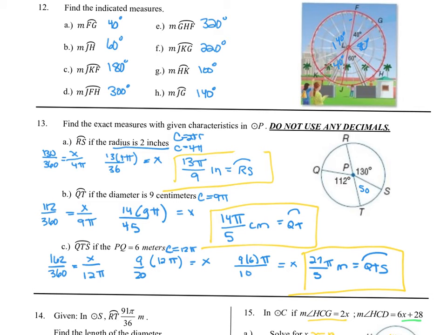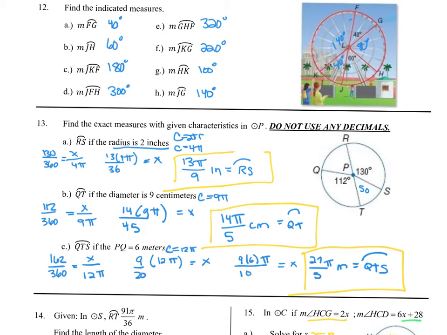I'm going to reduce 112 over 360 to 14 over 45. I'm going to multiply by 9 pi and move it up here. Then I see that the 9 and the 45 are going to cancel to 1/5, and that is going to give me 14 pi divided by 5 centimeters for the length of arc QT.